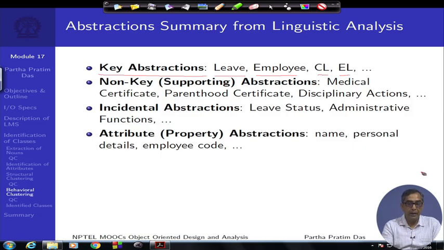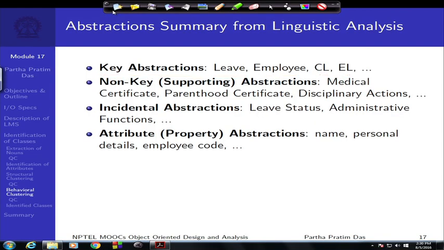That is, they come directly from the vocabulary of the domain. They are dominant concepts in that they are repeatedly talked of in the specification. They are involved in a major part of the activities that are proposed in the system, and so on. So, looking at these symptoms, I propose that we accept leave and employee as key abstractions.